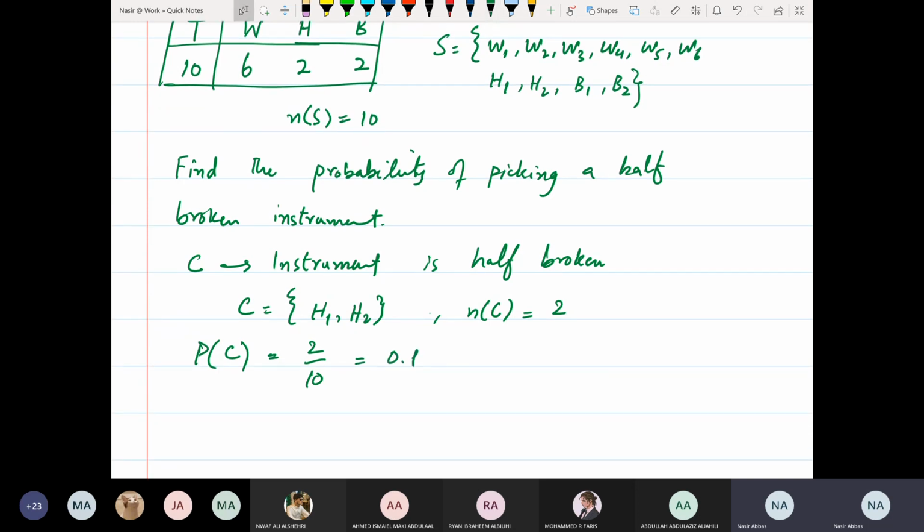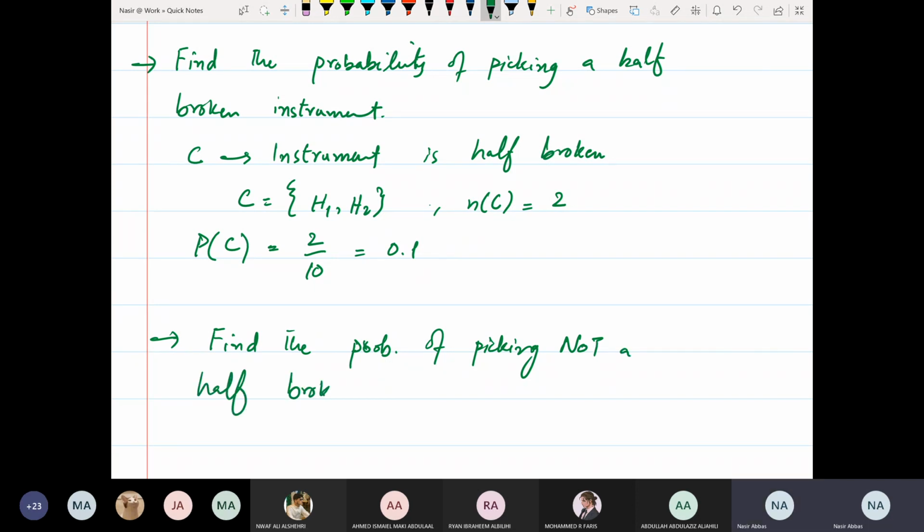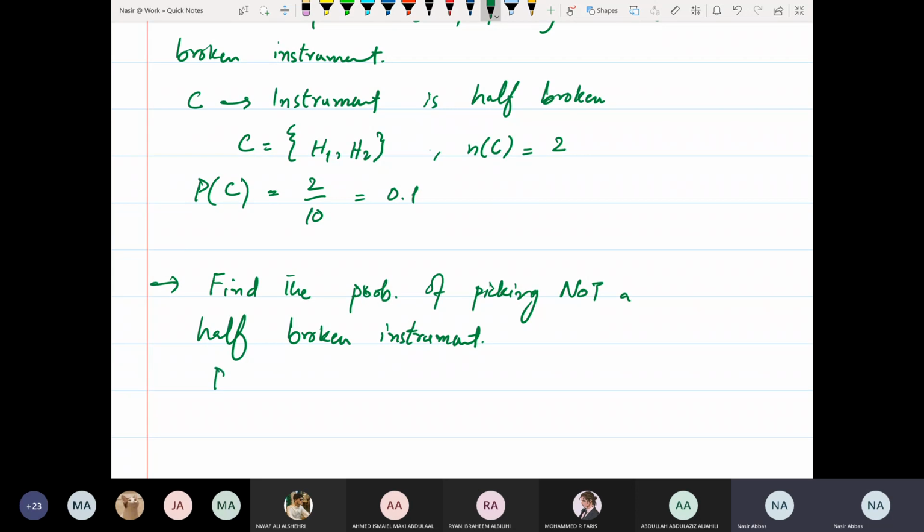Now, the next question is the complement. For example, I say find the probability of picking not a half broken instrument. So that will be simply the probability of C complement that is required in this question.